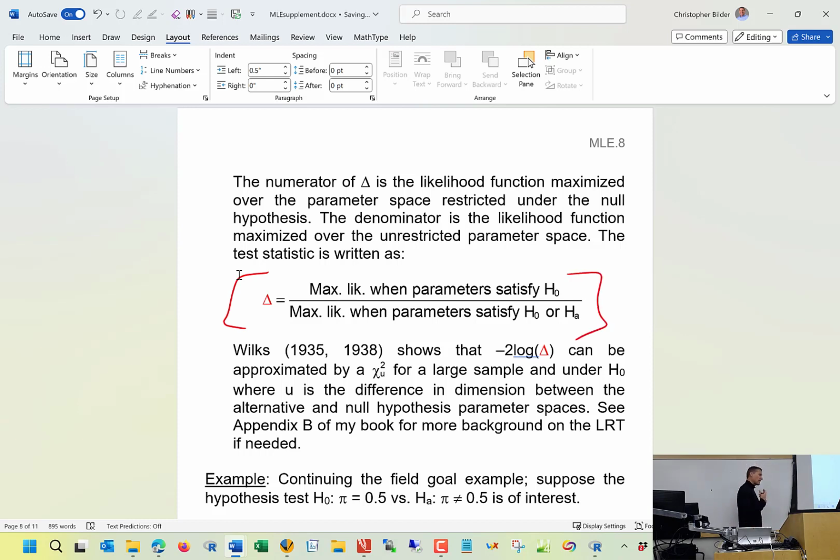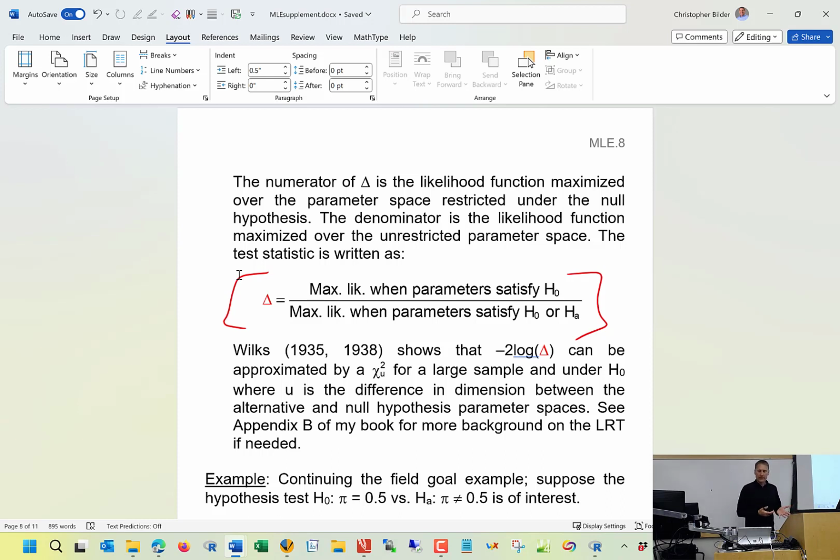Since I call it a likelihood ratio test, as you might expect, it's a ratio of two likelihood functions. In the numerator, we have the maximum possible value of our likelihood function when the parameters for whatever probability distribution we're working with, or equivalently in terms of the model, satisfy our null hypothesis. What is the maximum possible value that this likelihood function can take on?